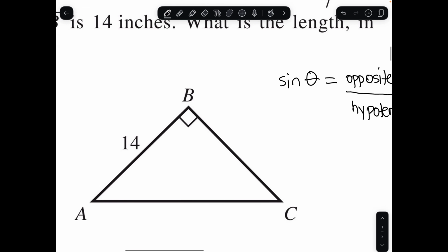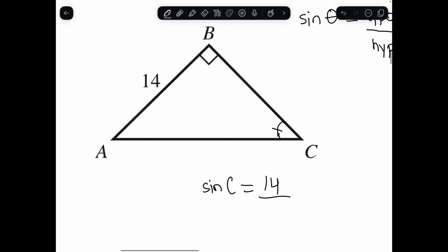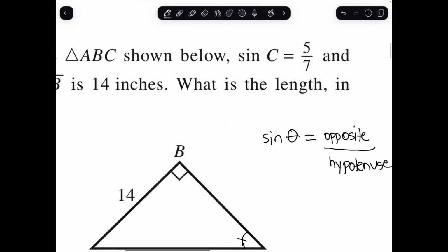So in this case, if we were trying to figure out what sine of C is, we would take the side opposite from angle C, which is AB, which is 14, over the hypotenuse of the triangle, which is AC.